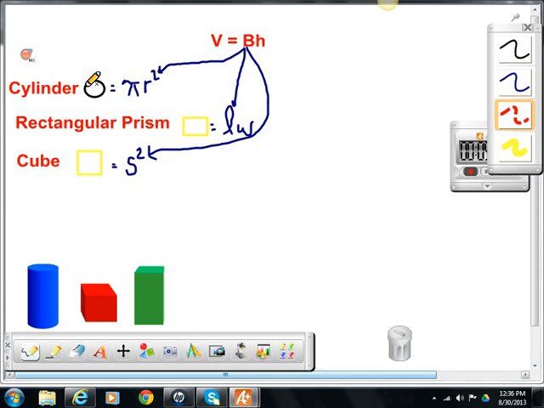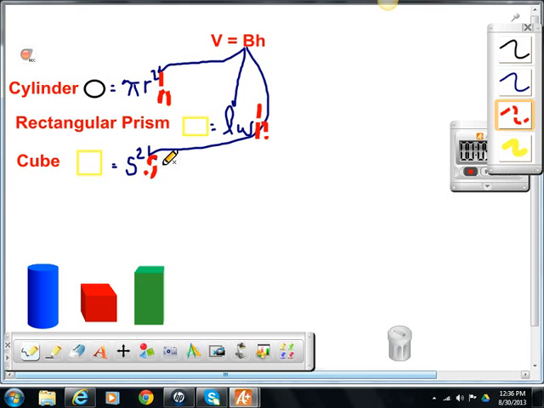This circle alone is not a cylinder, but when we give it height, there's our formula. Volume of a cylinder is pi r squared h. Volume of a rectangular prism is length times width times height. Volume of a cube is s squared times height, but the height is s.